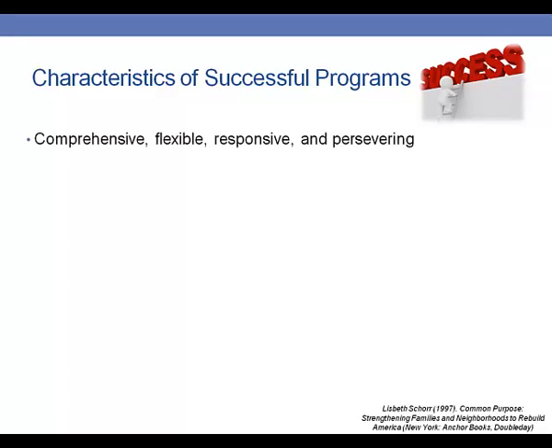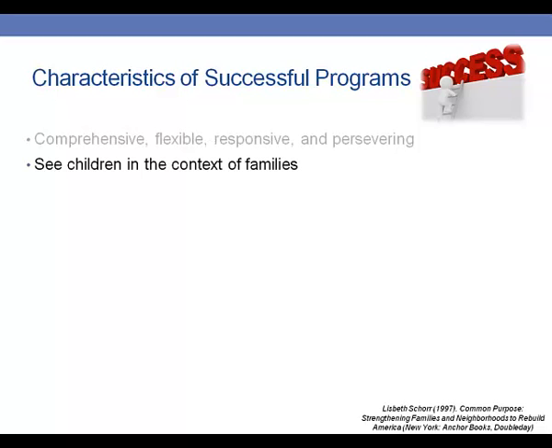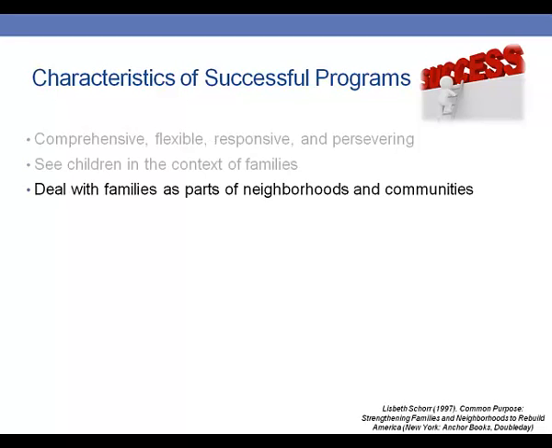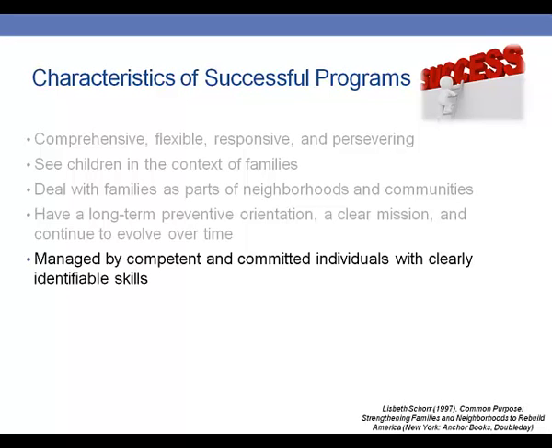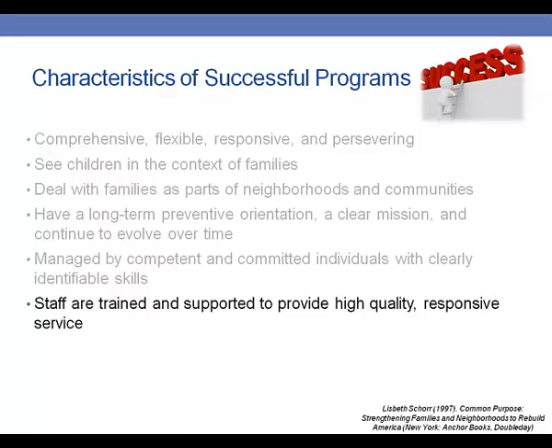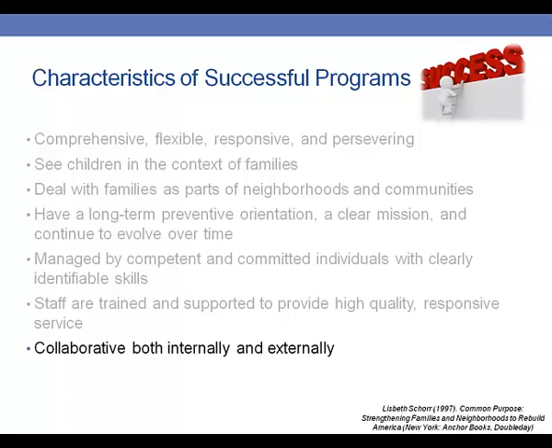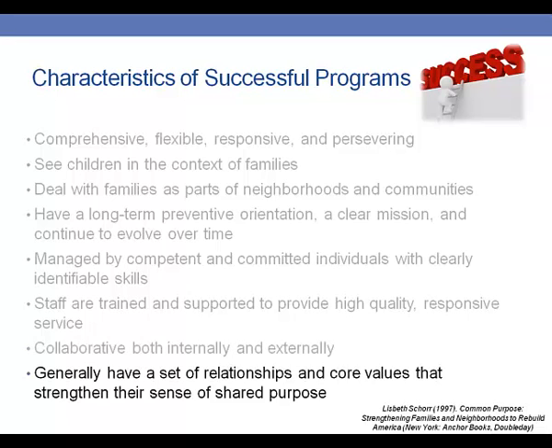These include being comprehensive, flexible, responsive, and persevering, seeing children in the context of families and dealing with families as parts of neighborhoods and communities, having a long-term preventive orientation, a clear mission, and which continue to evolve over time, being managed by competent and committed individuals with clearly identifiable skills, using staff which are trained and supported to provide high-quality responsive services, being collaborative both internally and externally, and generally having a set of relationships and core values that strengthen their sense of shared purpose.